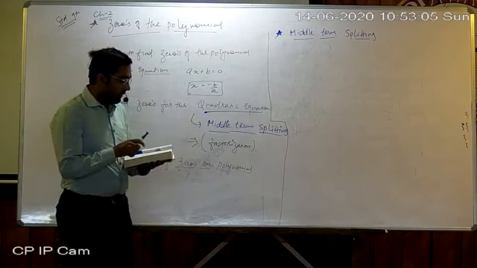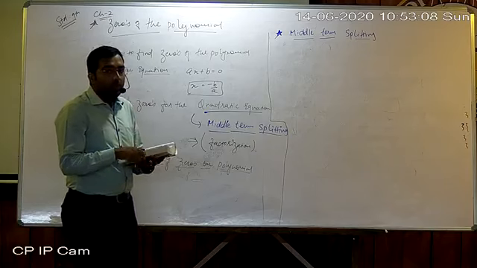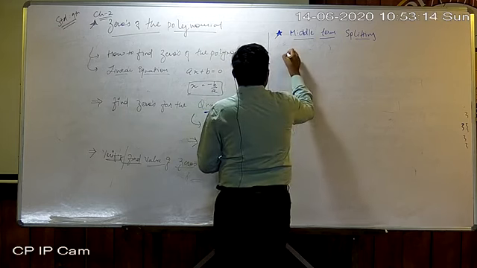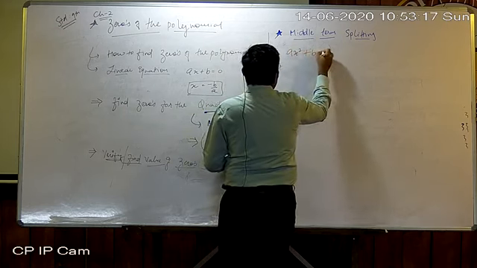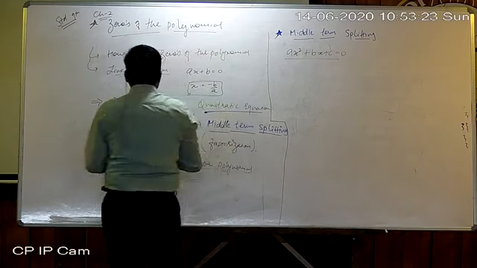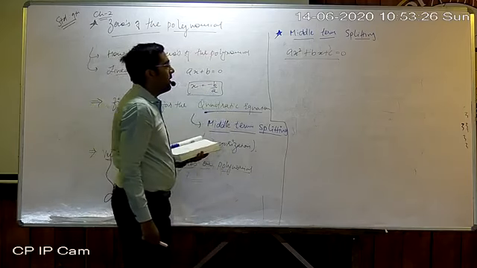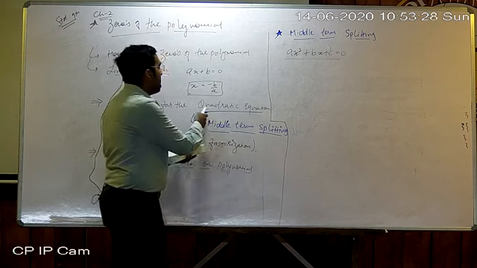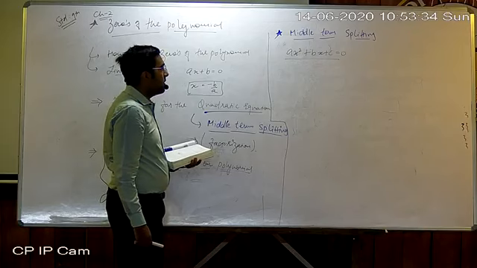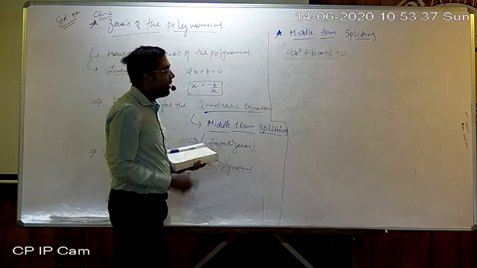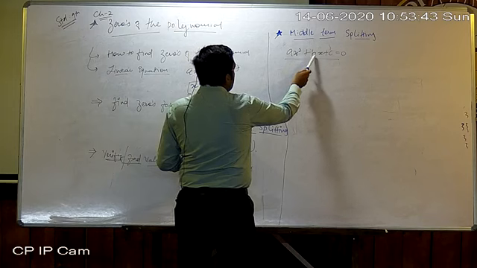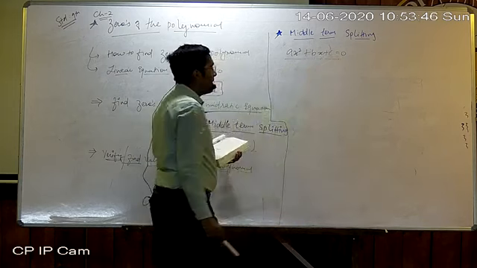Okay, so what is my quadratic equation? The standard formation of the quadratic equation is ax square plus bx plus c is equal to 0. For the middle term splitting method, we are working on the quadratic equation, and my standard formation is ax square plus bx plus c equal to 0.